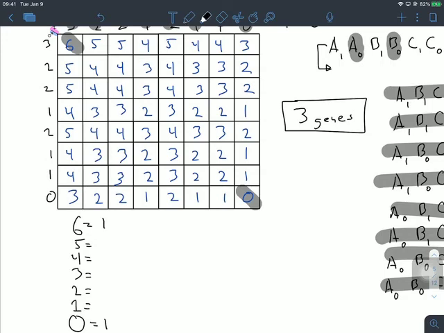Now, in terms of 1s, we've got 1, 2, 3, 4, 5, 6 of them.